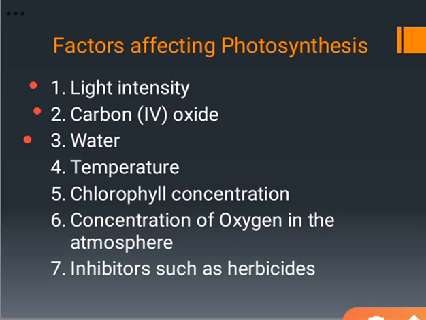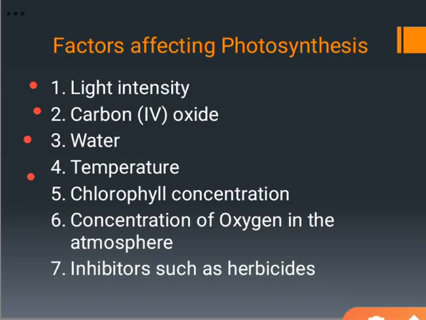Then temperature. Since the process of photosynthesis is governed by certain enzymes, and enzymes are sensitive to temperature, the optimum temperature necessary for the operation of enzymes is also necessary for the proper running of photosynthesis. Enzymes operate best at a certain temperature.